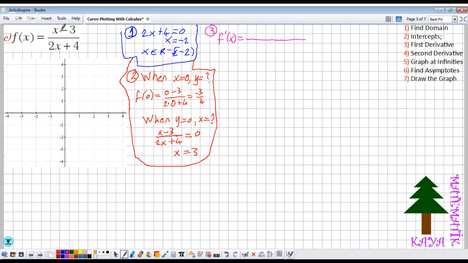The derivative of the numerator, derivative of x is 1, times the denominator 2x plus 4, then minus the numerator x minus 3 times the derivative of 2x plus 4, which is 2, over the denominator squared, which is 2x plus 4 squared. So the first derivative of x is equal to this, and we are sure 2x plus 4 squared will be in the denominator.